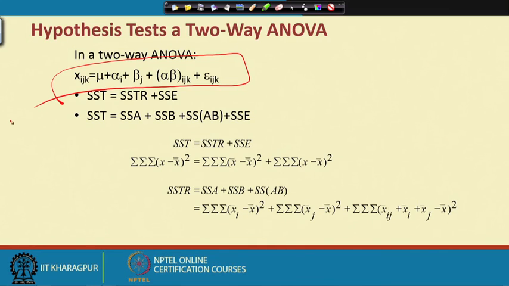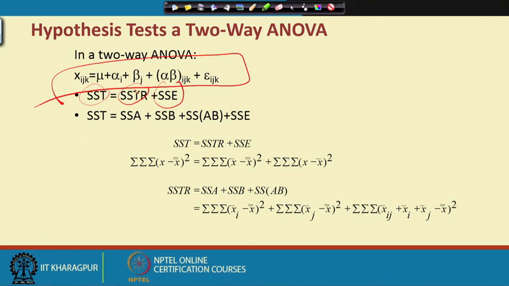It has 2 parts. SST means total sum of squares, that is the total variance, and then it is divided into 2 parts, that is the error part and the sum of squares due to the factors.